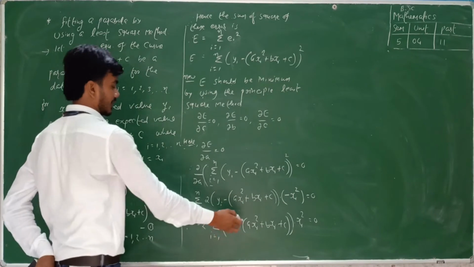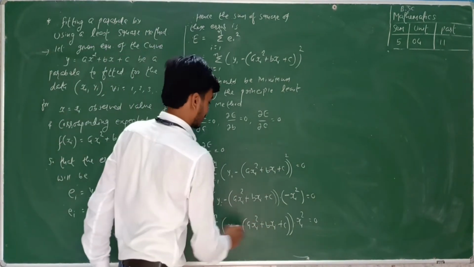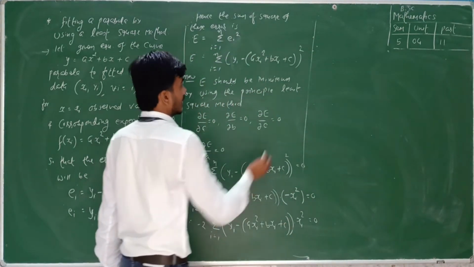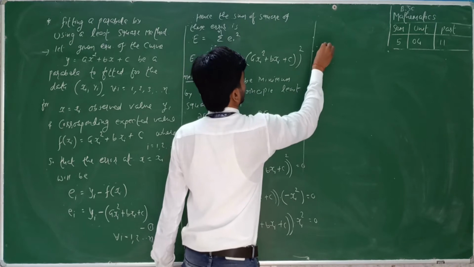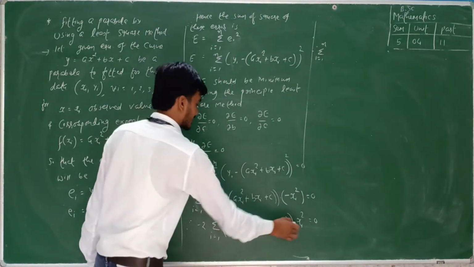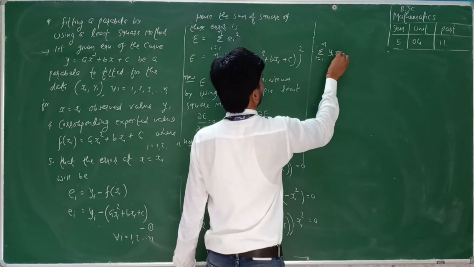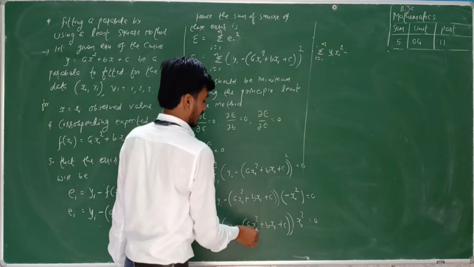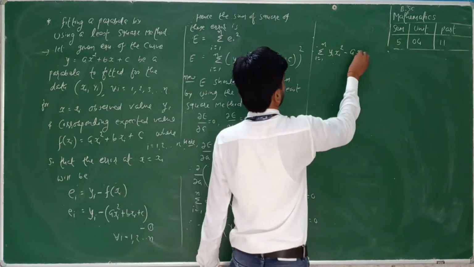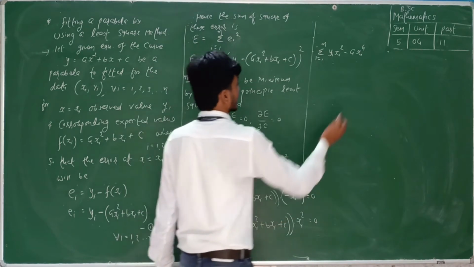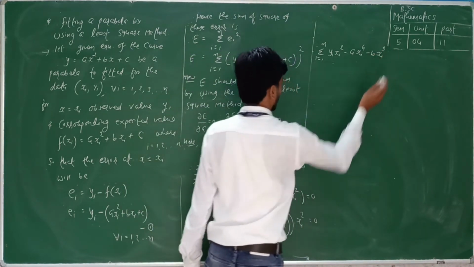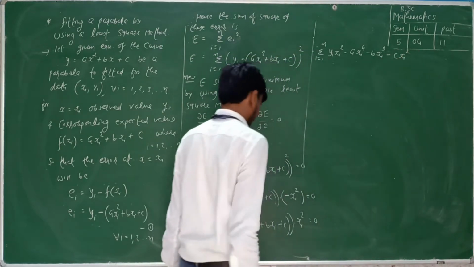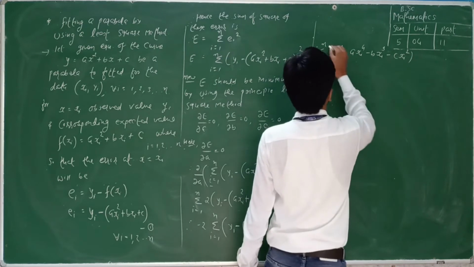This xi² multiplies each term, and the minus 2 outside becomes 0. So now sigma i = 1 to n xi² yi − a xi⁴ − b xi³ − c xi² = 0, since xi multiplies xi² to give xi³.